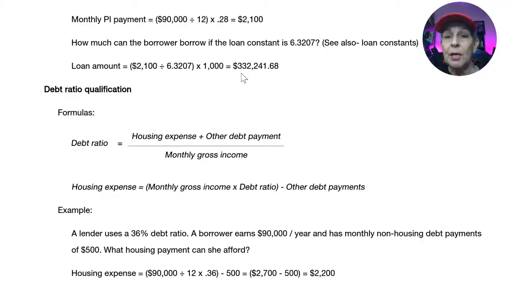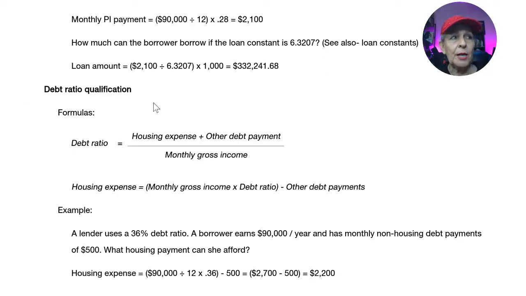That equals $332,241.68. So that's how lenders calculate based on income and constant factors like this 1,000, and how much they're allowed to loan, 28% in this case, and they use a loan constant of 6.3207.